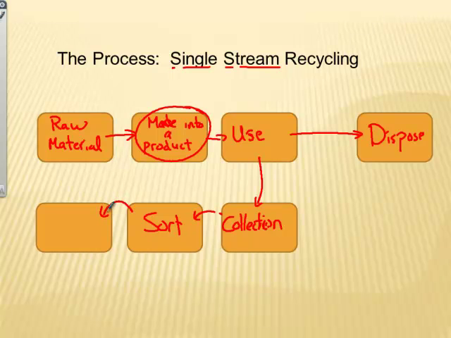Once it's sorted into its individual components, you can take the glass and remelt it down. We just call this reprocessing. So you reprocess it and make it back into raw material, which can be used again to make another product. So that's the recycling loop, very simply.